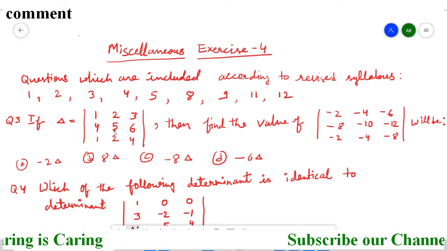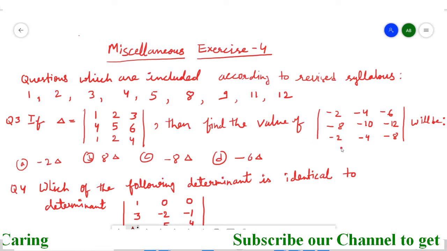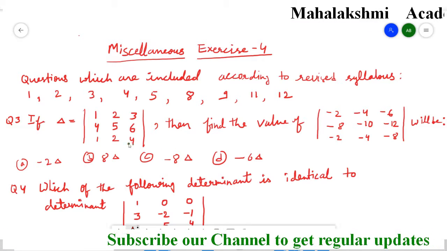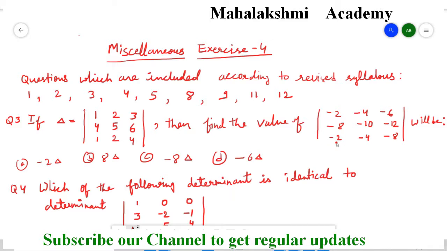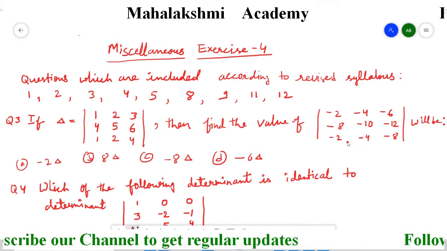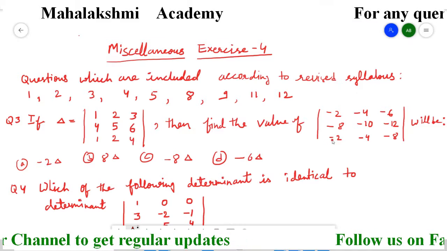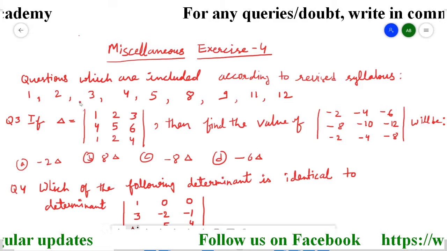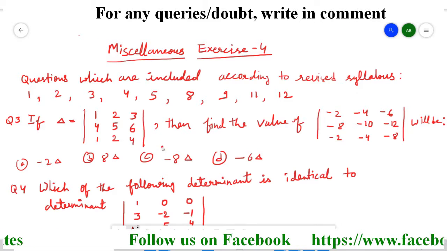Again the second row they multiplied by -2, so they obtained this row here, and the third row also they multiplied by -2, so they obtained the last row. So the conclusion is, this complete determinant was obtained by multiplying each row by -2.